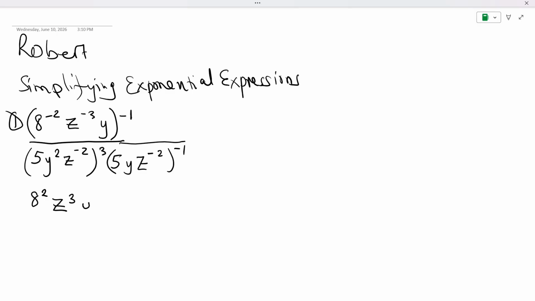So this becomes y to the power minus 1. What is happening here is that y to the power 1, this 1 is multiplied by this minus 1 to give us minus 1.